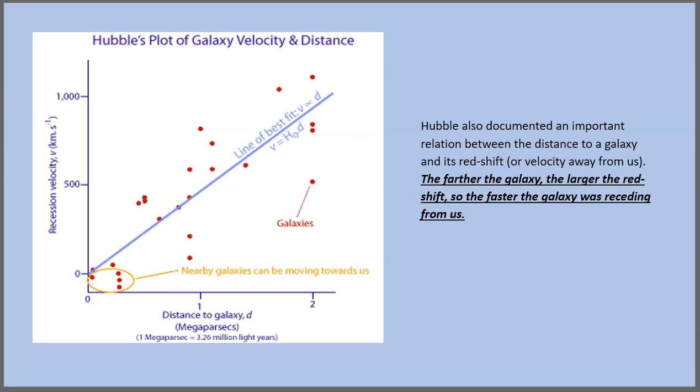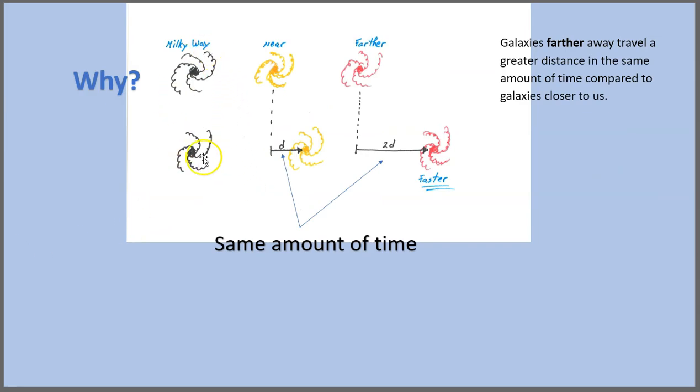Nearby galaxies were moving away from us, but farther galaxies were moving away also at a faster rate. Let's take a look at us here. The black galaxy would be the Milky Way. Nearby galaxies would move a certain distance in a certain amount of time, but farther galaxies would move a greater distance in that amount of time. They were moving faster.